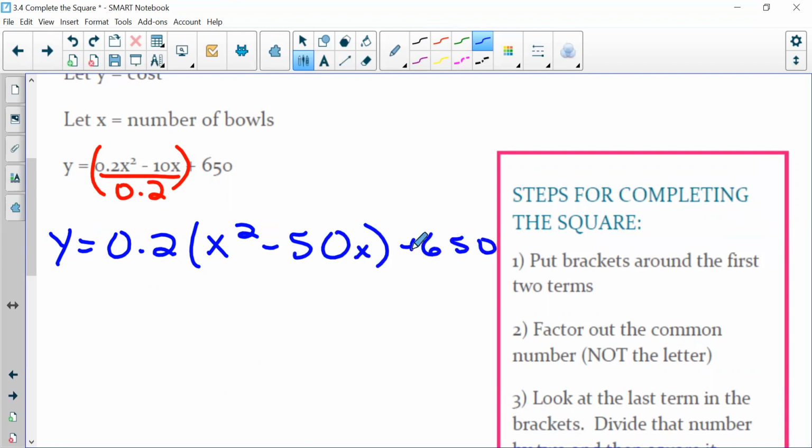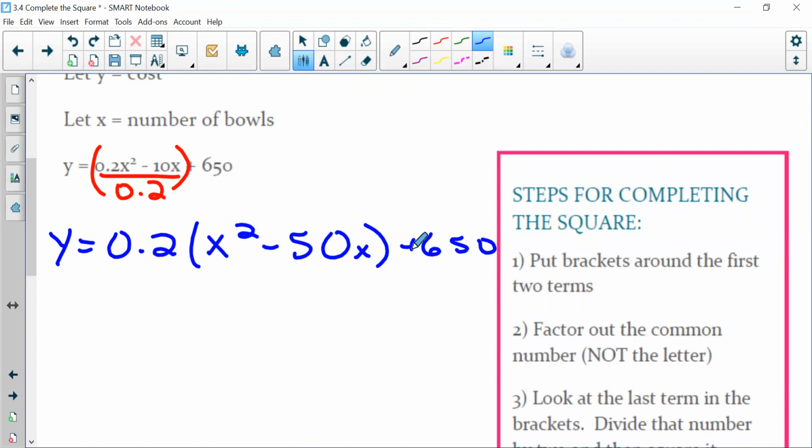Trying to get negative 10 divided by 0.2. Hopefully you guys all get negative 50. Everyone's with me on this part? When you divide by a decimal, or same thing as divided by a fraction, it gets bigger.